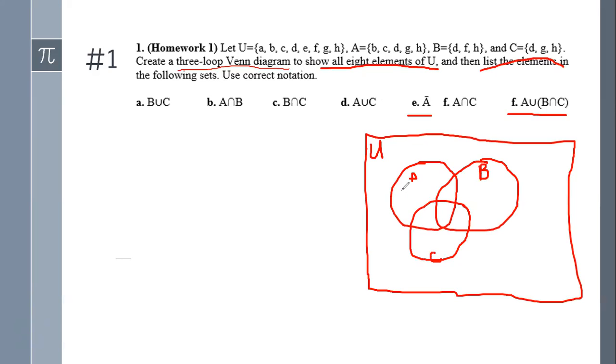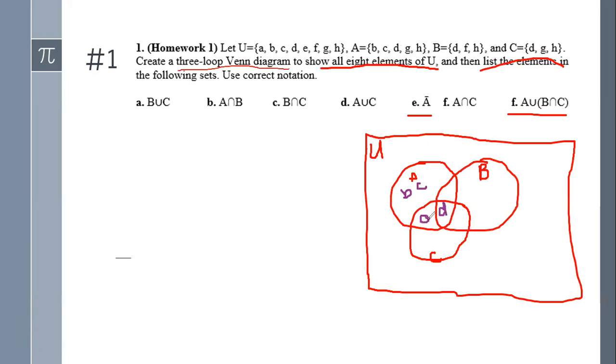So A has B, C. Looks like D is in all 3, so we'll place that in the center. G looks like it shares it with C, so let's put it right there. Oop.